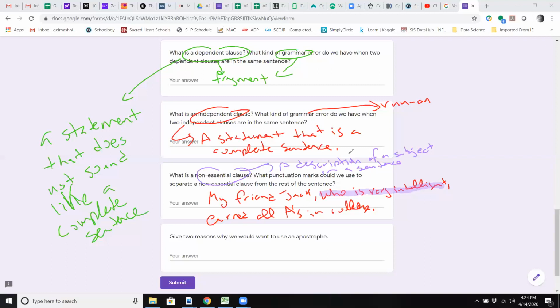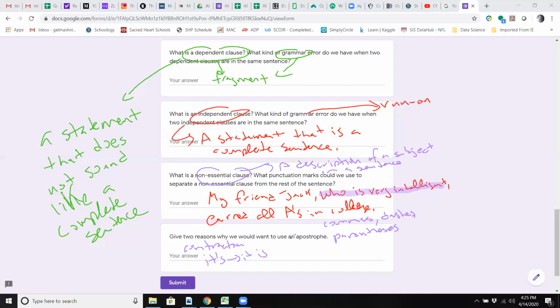And what punctuation marks could we use? You could use commas to separate them. You can use dashes, or you can use parentheses. I do use parentheses for my own writing, but that's what you could do. An apostrophe is for a contraction. Like if you have that's, that's like saying it is.